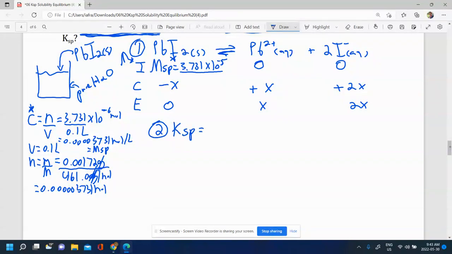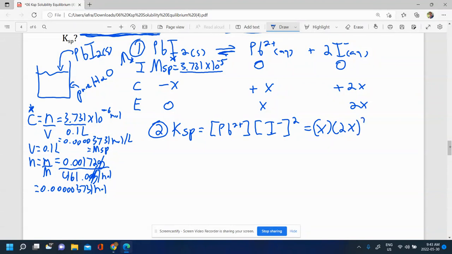KSP is equal to the concentration of Pb2+ times the concentration of I minus squared. Now, that's going to be equal to Pb concentration is X, and I concentration is 2X.